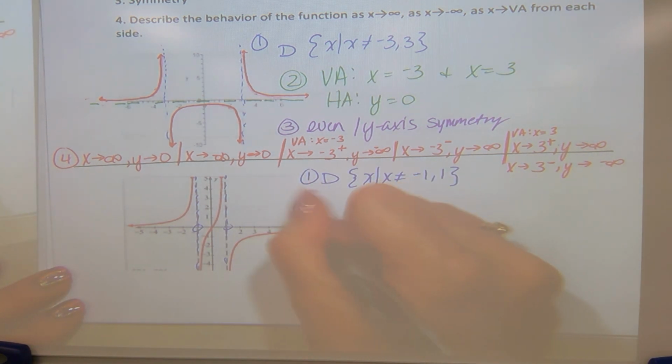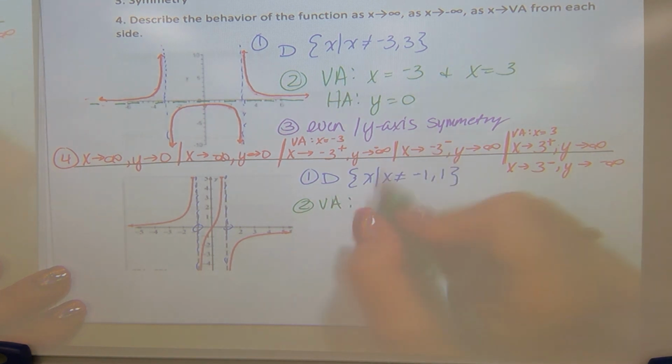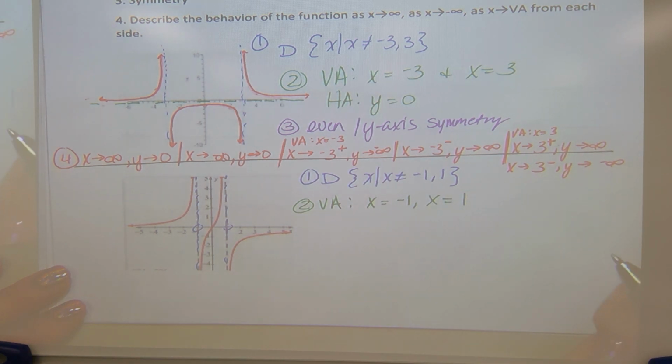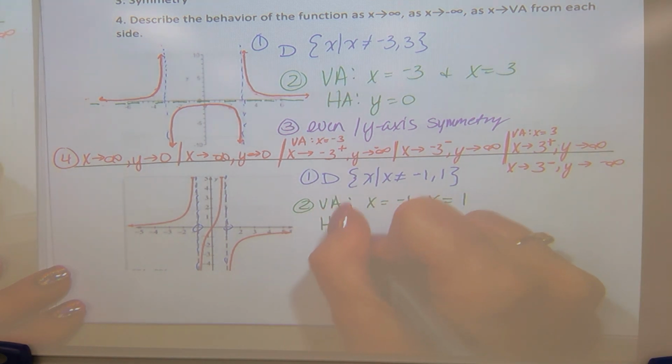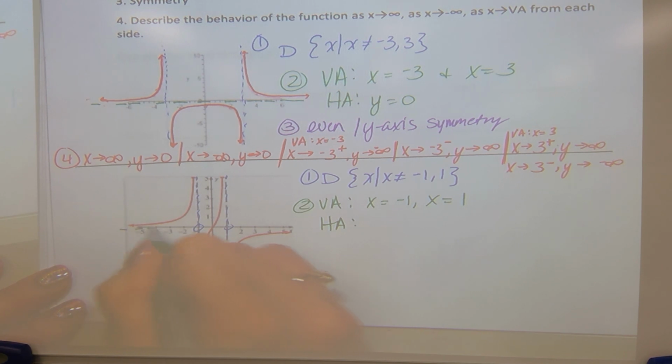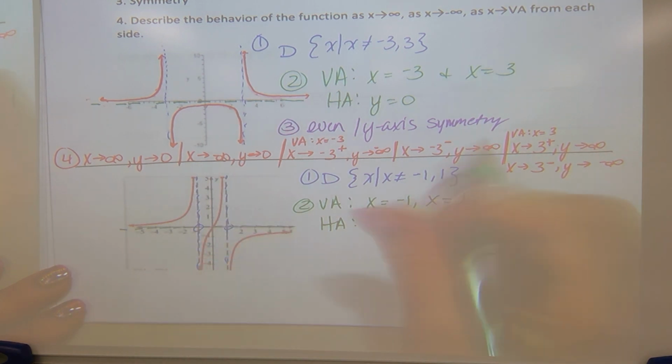Number 2 asks me to give the equations for my vertical and horizontal asymptotes. I have two vertical asymptotes, x equals -1, x equals +1. I have a horizontal asymptote. This horizontal asymptote is also at the x-axis. That equation is y equals 0.